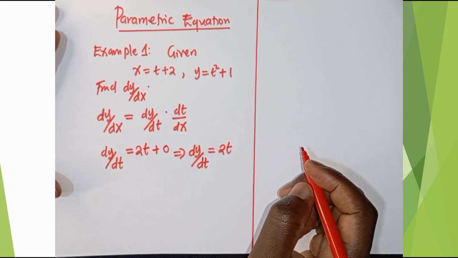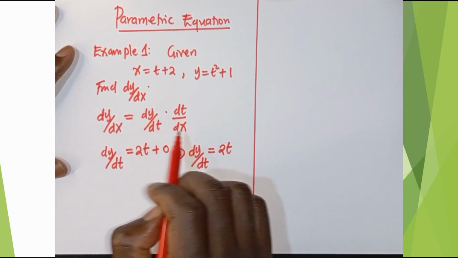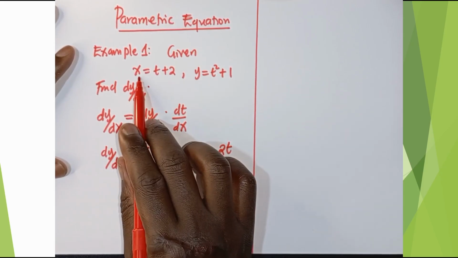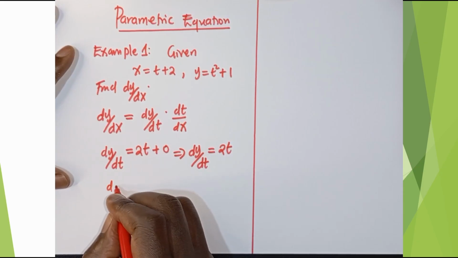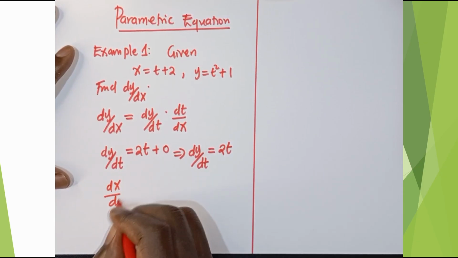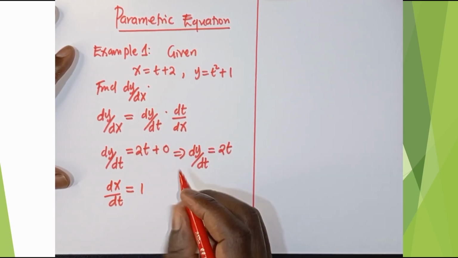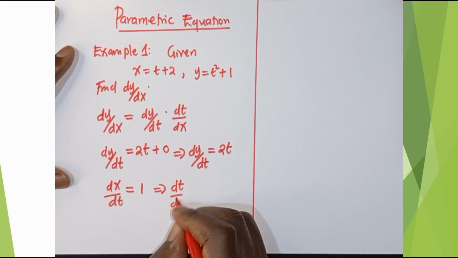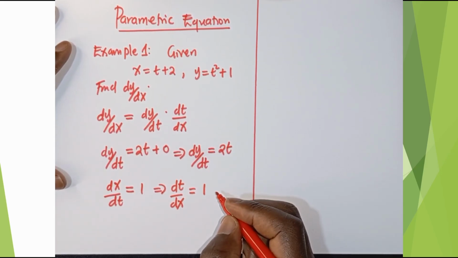Now to get dx by dt, before we get the reciprocal, we differentiate x. When you differentiate this, you have 1. Now the reciprocal, which is dt by dx, is also 1.